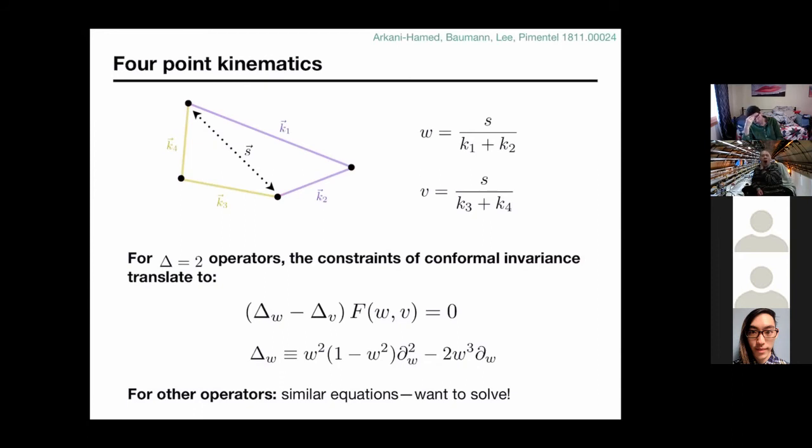And it turns out to be useful to parameterize the shape of this quadrilateral by the length of the diagonals relative to the length of the sides connected to them. And so I'm also going to restrict to kinematics where all of these points lie in a plane, which it turns out is not generic.